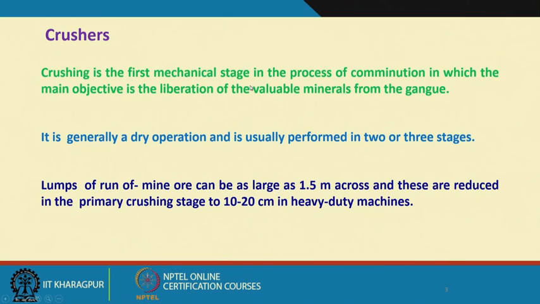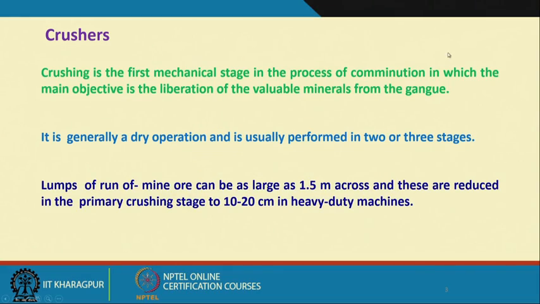The first stage is the crusher. We start with the crushers. So, crushing is the first mechanical stage in the process of comminution, in which the main objective is the liberation of the valuable minerals from the gangue.